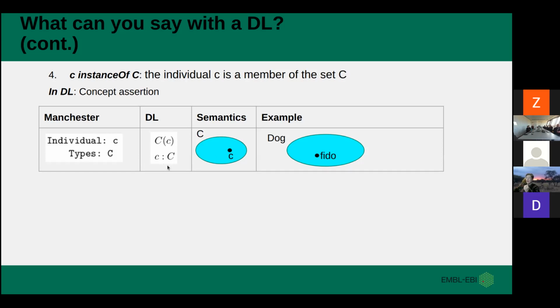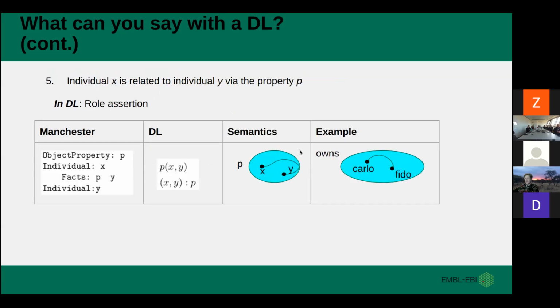So in this session, I will make use of this notation. Then the semantics: you've got a class called C, and some individual that belongs to that class. A real world example would be the set of dogs, and Fido is a specific dog in this set of dogs.